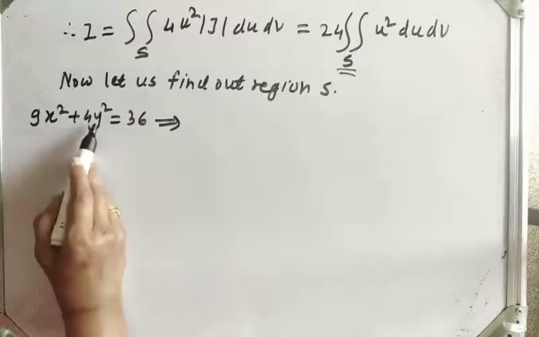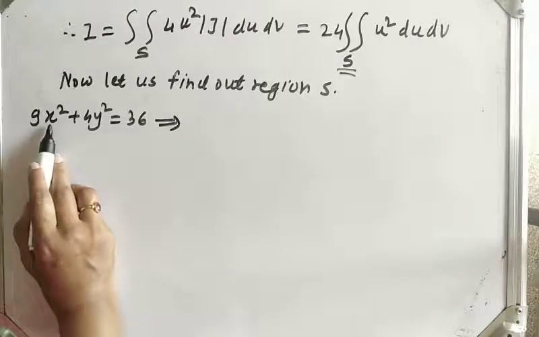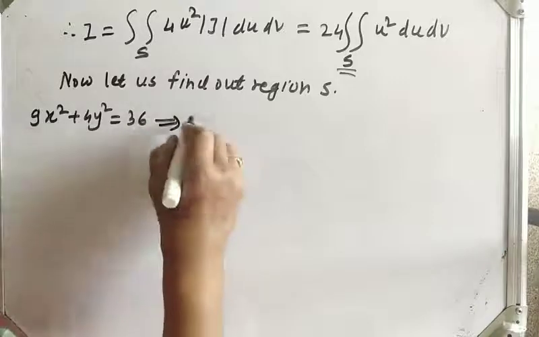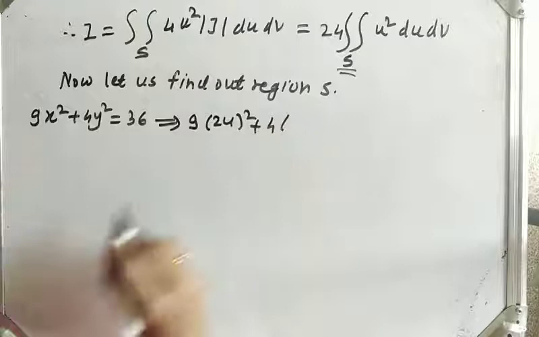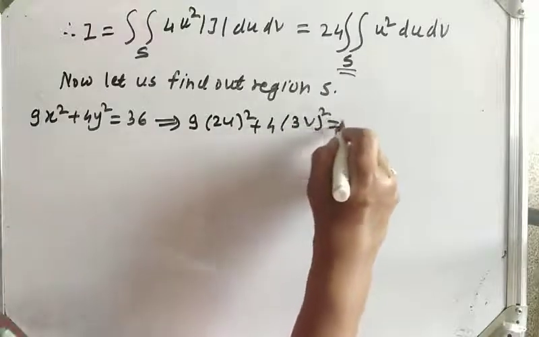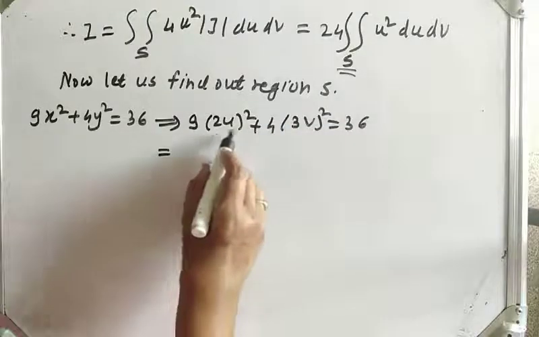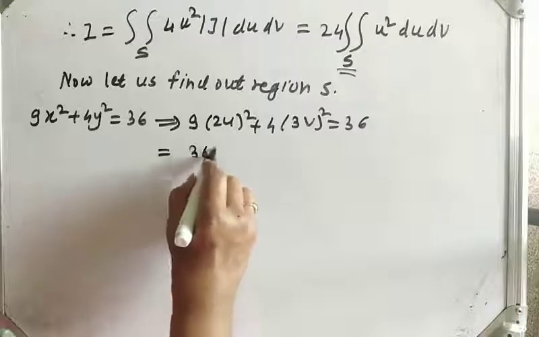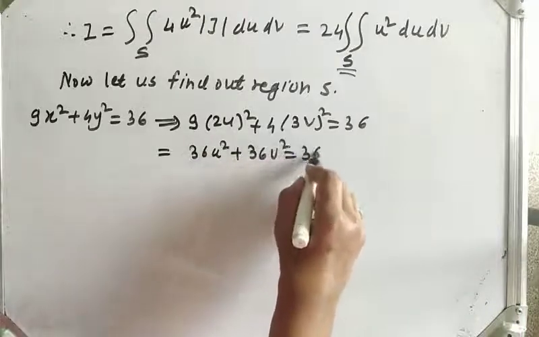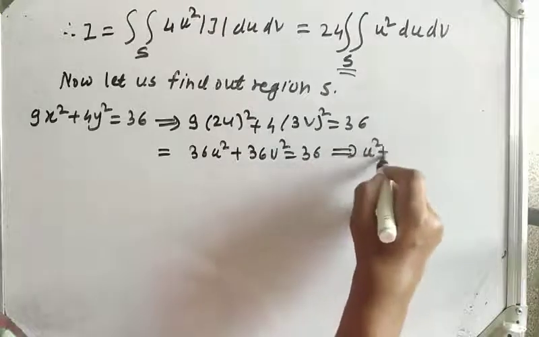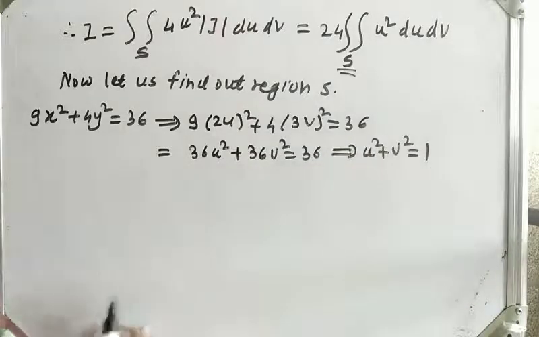Putting the values of x and y here, what do we get? 9 times (2u) square plus 4 times (3v) square is equal to 36, which is 36u square plus 36v square is equal to 36. That is, we get u square plus v square is equal to 1.